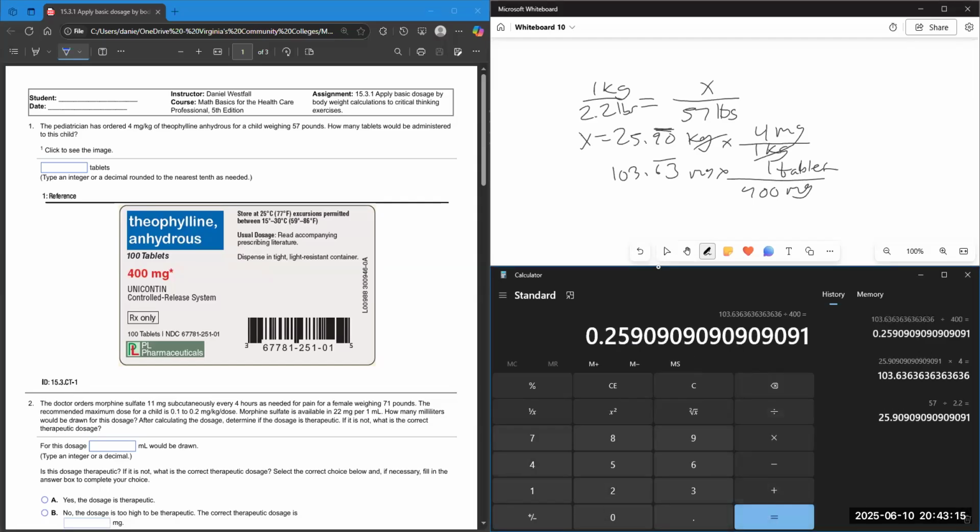And we get an answer of 0.2590 tablets. They tell us to round to the nearest tenth of a tablet. 3/10 of a tablet is the correct mathematical answer.